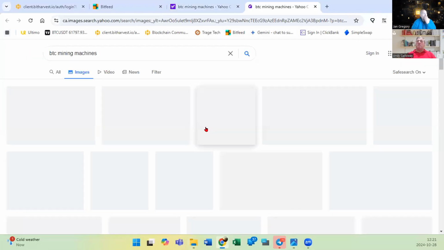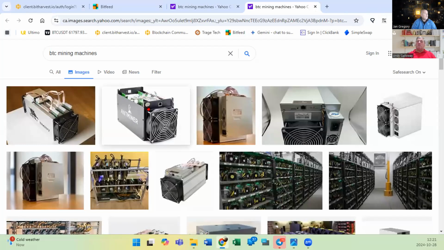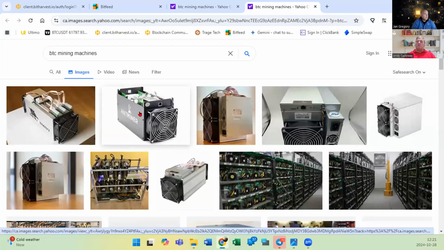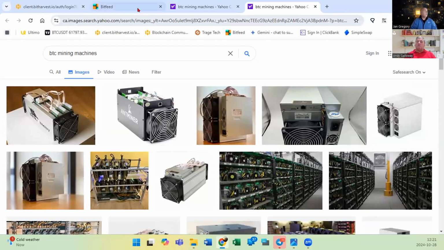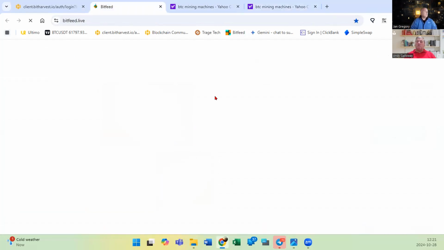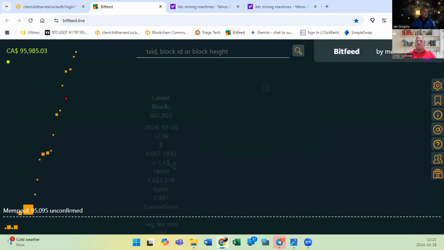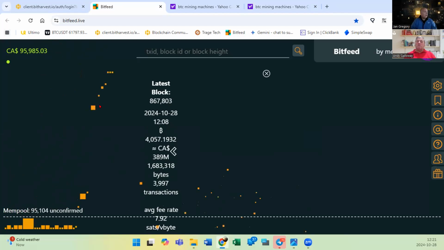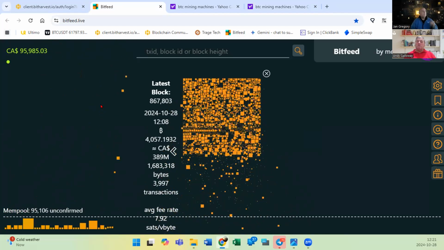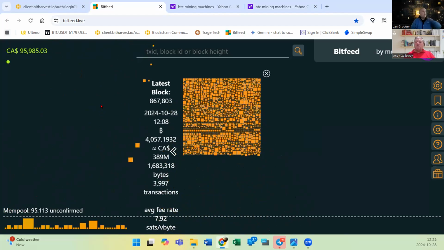Now, in the mining industry, this is a mining machine. It's just a computer. All it does is detect movement on the network. This is a graphical interface showing movement on the network. Every single one of these falling blocks is Bitcoin being transferred from place A to place B right now. Every single one of these is someone moving Bitcoin.